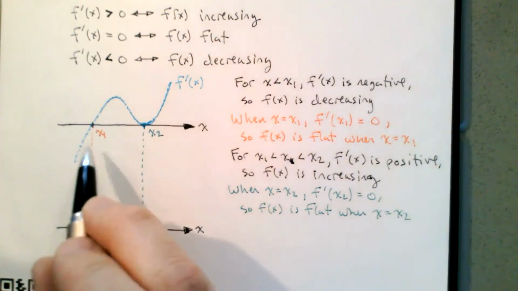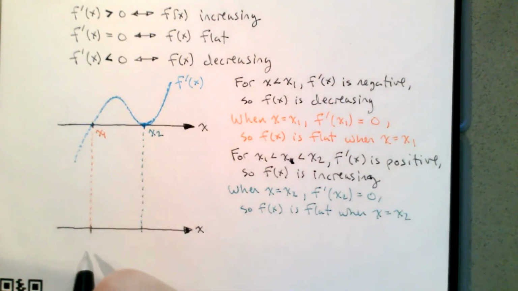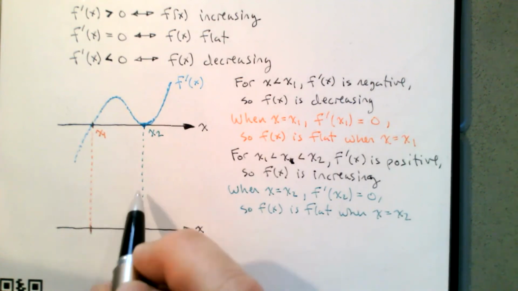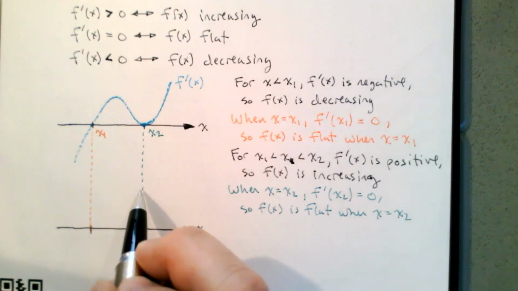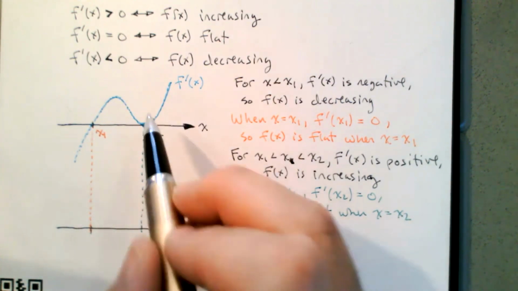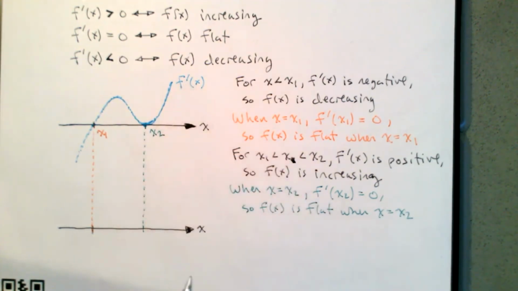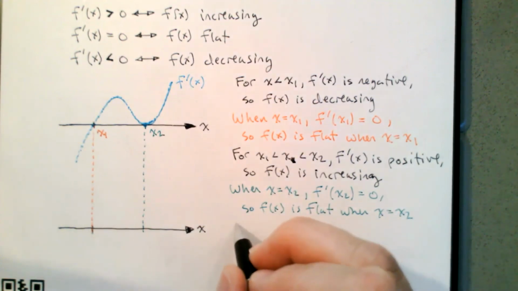So I'm going to draw, before x1, a decreasing function. At x1, I'm going to draw a flat. Between x1 and x2, I'm going to draw an increasing function. At x2, it's going to be flat again. And then after x2, f prime of x goes back to being positive, and so f of x is increasing again.